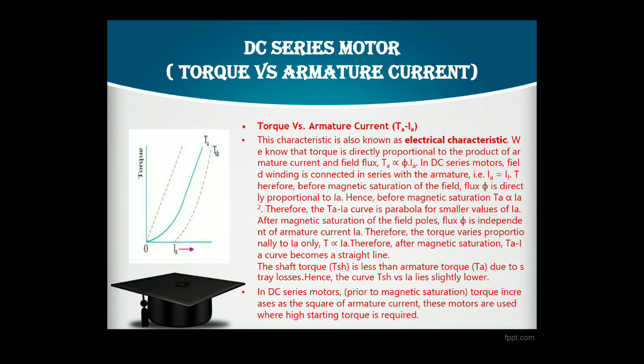This motor has a high starting torque, so it is used where high starting torque is required. For that reason, this type of motor is mainly used in electric traction, electric trams and metro rail.